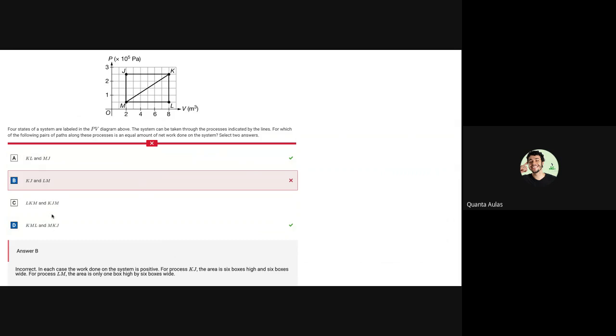In this situation, for which of the following pairs of paths along this process is the net work equal, you need to take care not only of the area but the sign of the value of the energy, right? If you choose the wrong path, your sign will be negative. So this was your error here, I suppose.